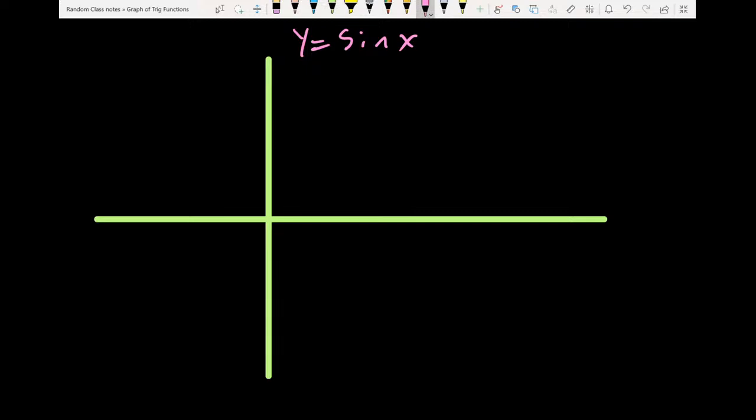Do you guys remember what's the period for sine? What is it, Sasha? That is correct. So we're going to use these numbers.